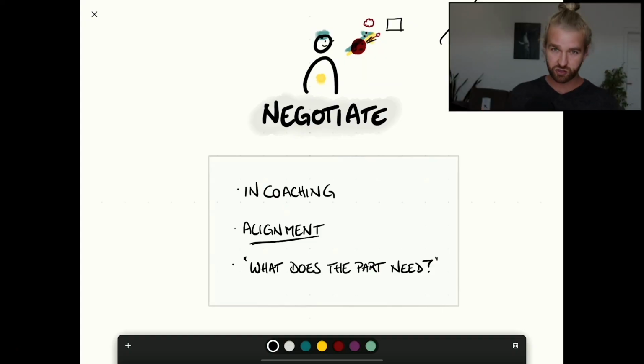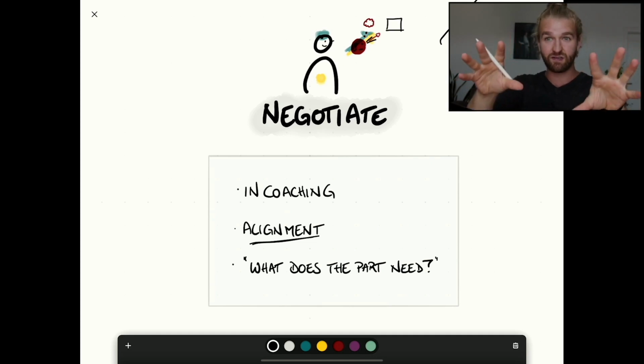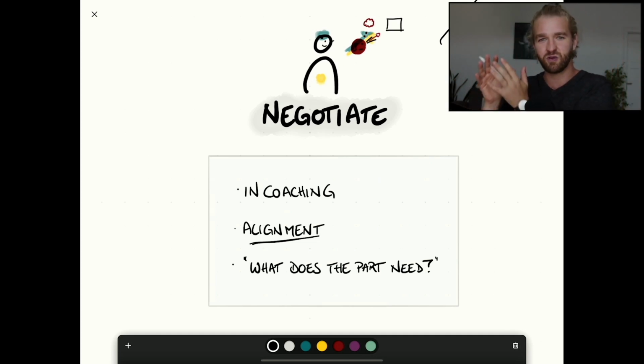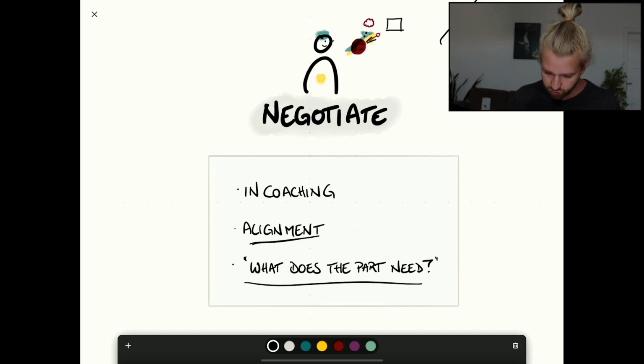That can be a game changer. So in negotiation, it's really about how can we deal with this situation in a way that satisfies you, but in a way that also is different. What does the protector, what does the part need for that? And that's a very powerful perspective that I will probably do a video on later in a few months when I'm getting more into the coaching stuff.